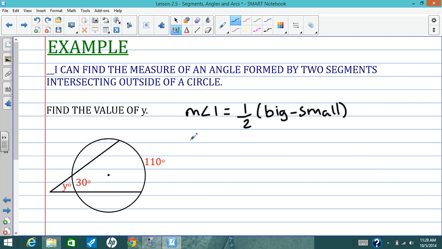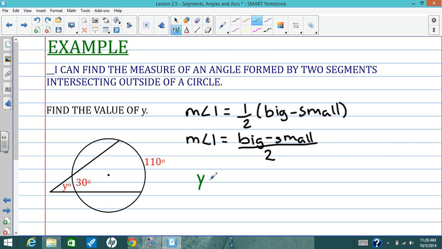And I just want to make a note here that multiplying by 1/2 is the same thing as dividing by 2, so we can actually rewrite this formula, if it's more comfortable for you, as the big arc minus the small arc divided by 2. Both of these are the same. They look a little different, but they mean the same thing. So do whatever you're comfortable with.